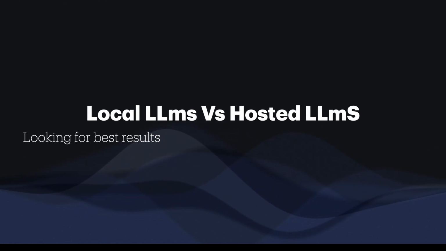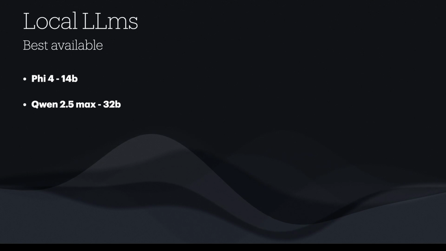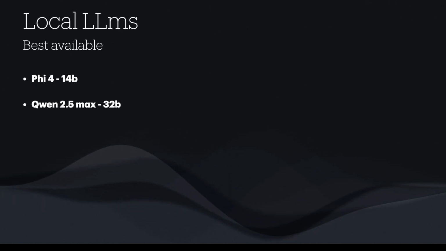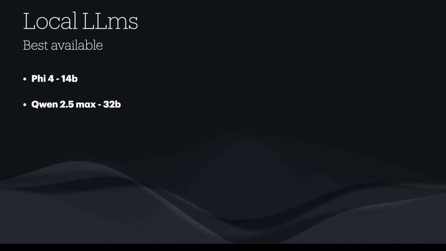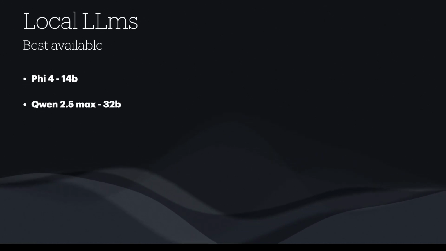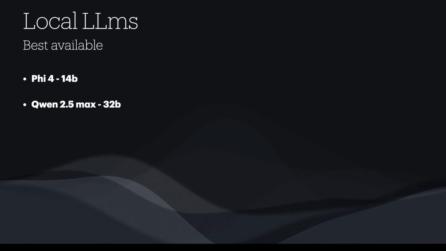So if you're looking for local LLMs, the best choices are Phi 4, at 14 billion parameters, and Qwen 2.5 Max, at 32 billion parameters, which is the latest one that released.